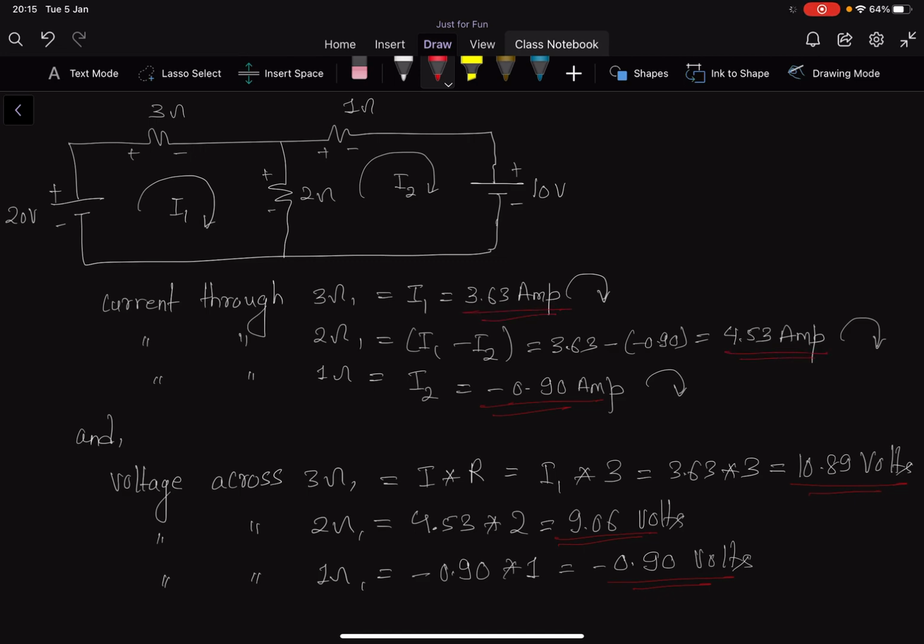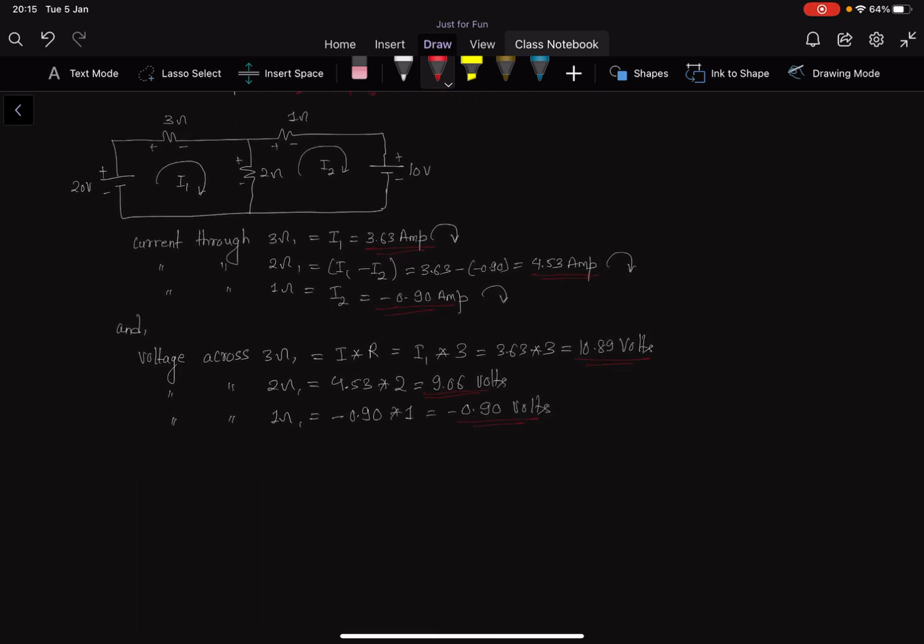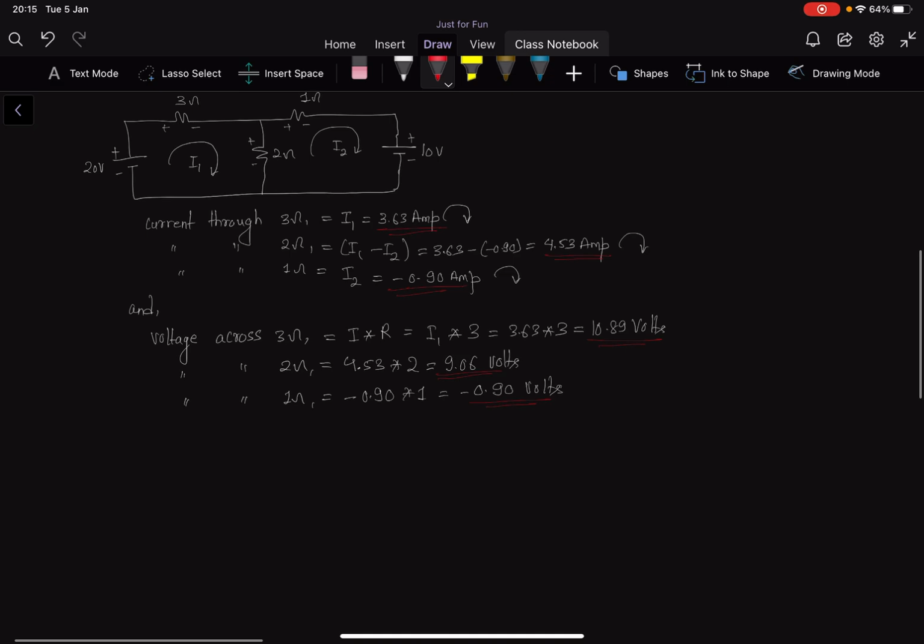Now if you have to draw this circuit and then write everything there, how is it going to look? Okay, so let's do that.